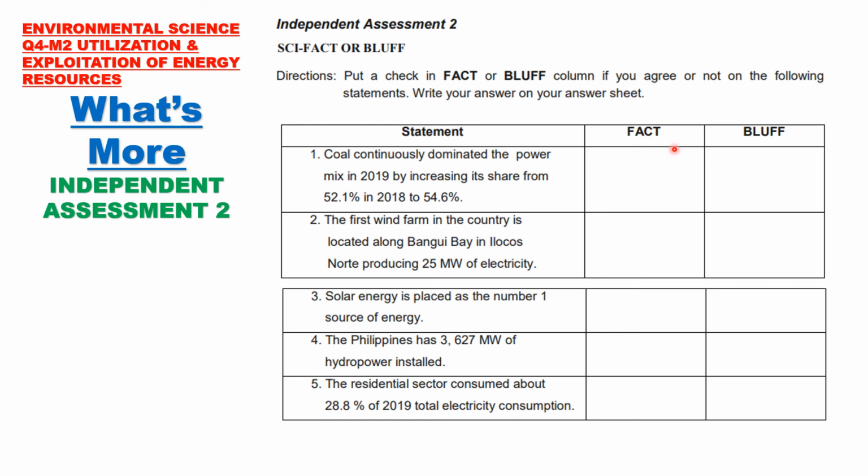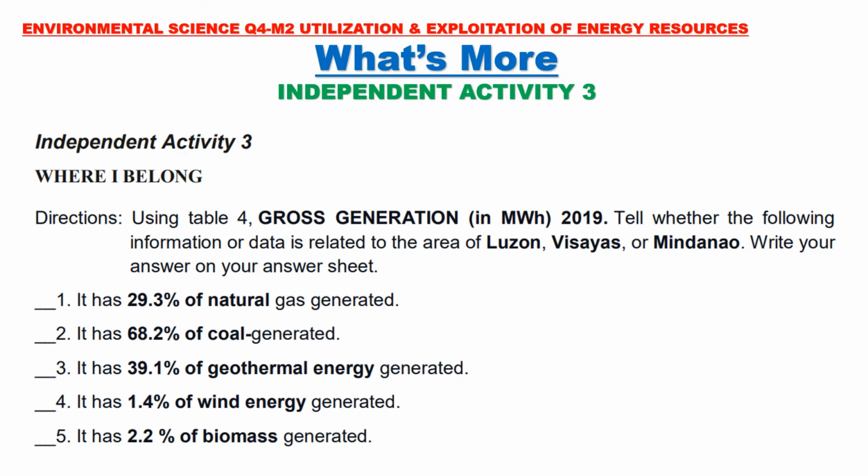If you do not agree, then put a check under the bluff column. Independent Activity 3. Directions. Using Table 4, Gross Generation in Megawatt Hours 2019, tell whether the following information or data is related to the area of Luzon, Visayas, or Mindanao.